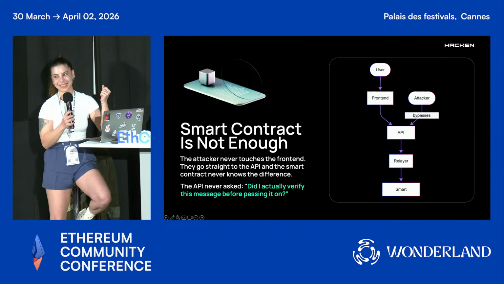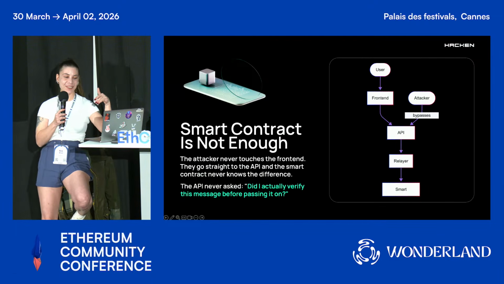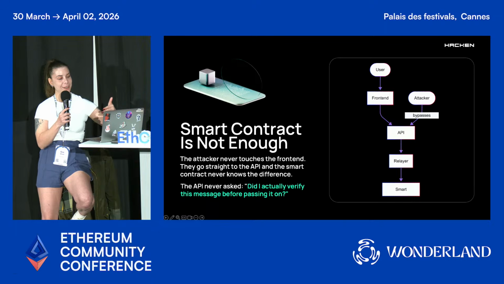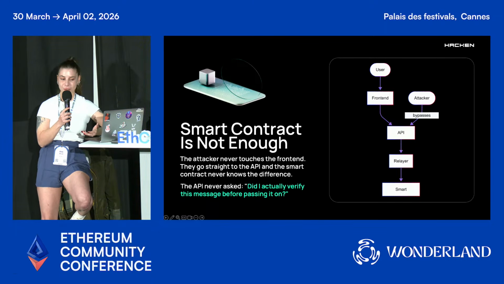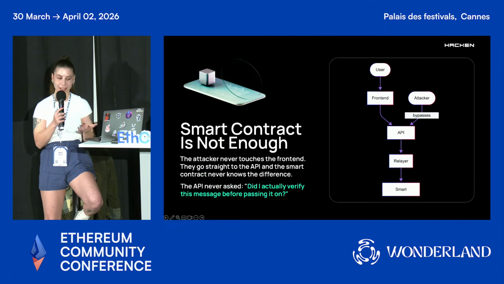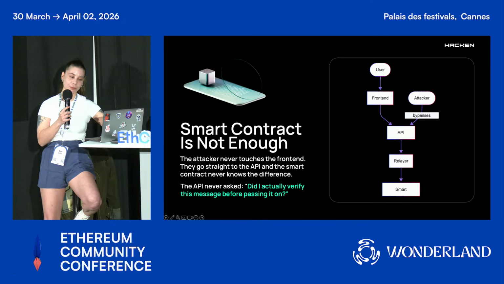No, the answer is no, because the attacker doesn't go through the legitimate flow. They go directly through the API. They craft the message, the API passes it to the relayer, and the relayer passes it to the smart contract, and the smart contract assumes that this message is valid and the signature is valid, and you automatically get approved.